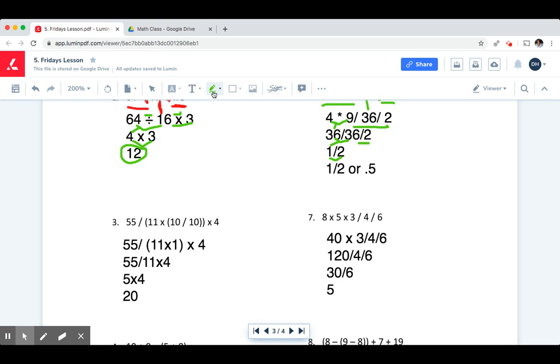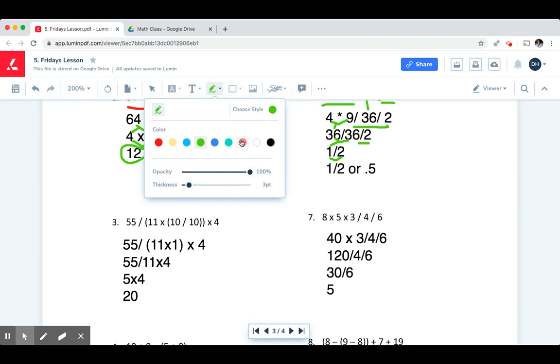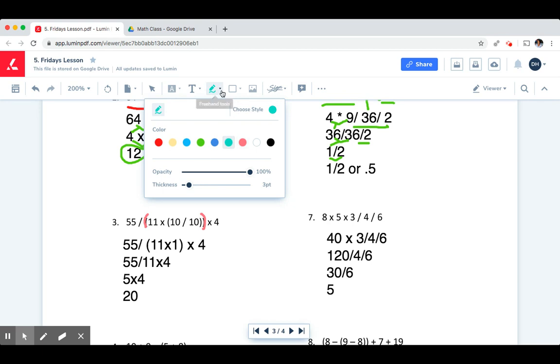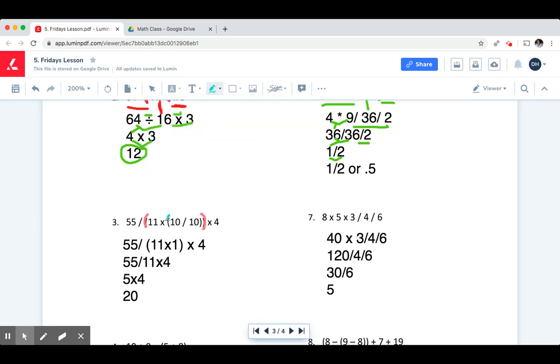Next, we have a problem that has nested parentheses, meaning that there are parentheses inside of the parentheses. So remember, within a larger group of parentheses, we still follow the same rules. Parentheses comes first. So within that larger group, I'm going to do the parentheses first, which I just outlined in blue.